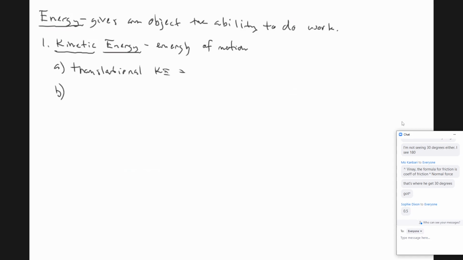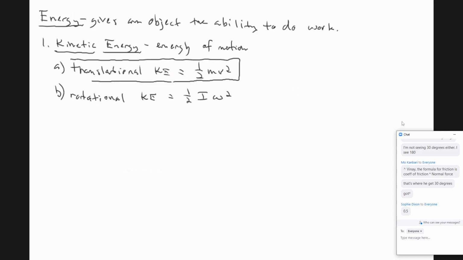You guys know kinetic energy to be what? 1/2 mv squared. Then there's rotational kinetic. It's 1/2 times the moment of inertia times angular velocity squared.